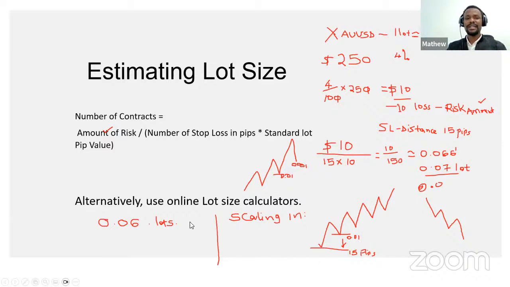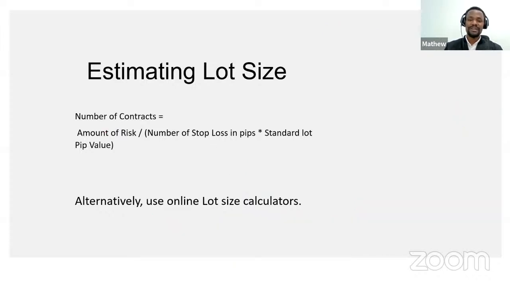So when it comes to scaling out, and this is what we will do now with the position which I already have, scaling out is where you decided to enter with the lot size which you estimated. In this case, a 0.05 entry, for example, like I did. And what you're doing is, can we draw this?